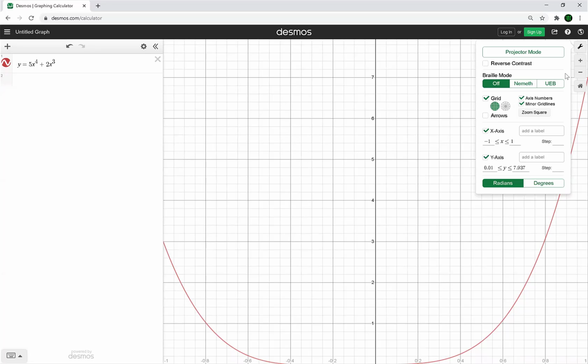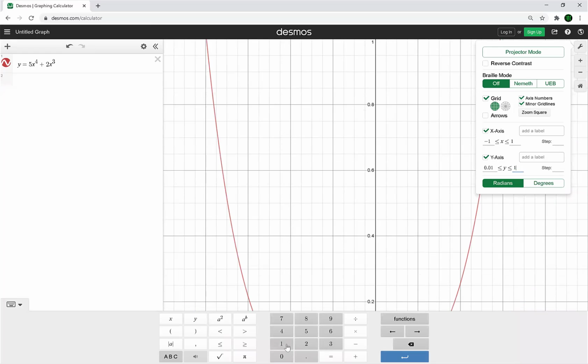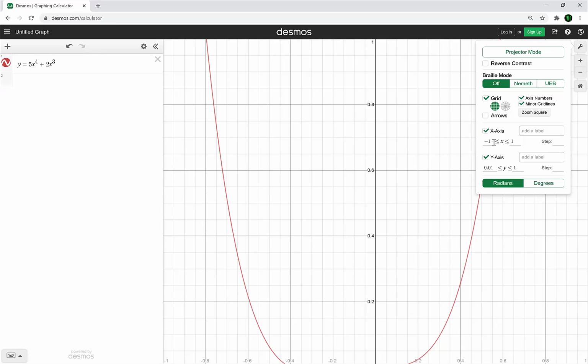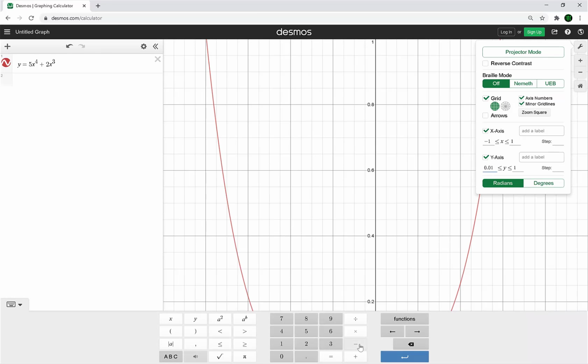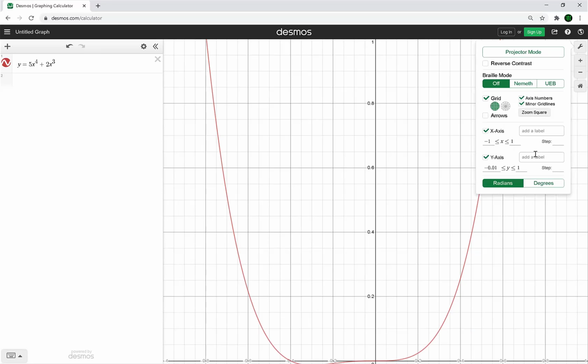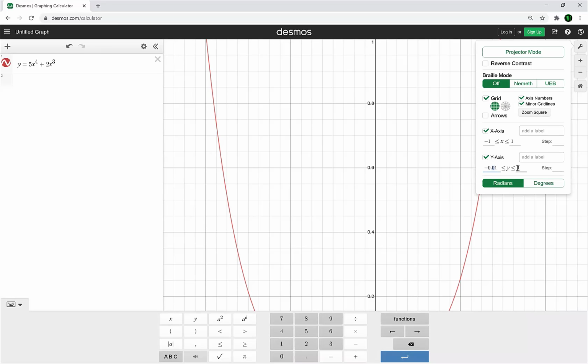Oh, did it give me red? I can't see it. There should be a negative there. Look at that, we can barely see it. So I need to go a little further. Okay, I'm going to put 0.5 on this one.